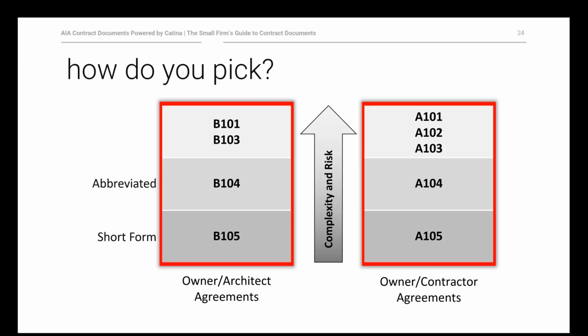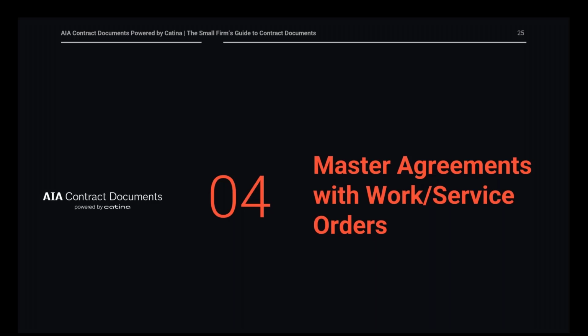You have to be comfortable dealing with the short form and the notion that not everything is spelled out in a B105 like it is in a B101 or B103. So each person's going to have their different tolerances for complexity and risk, but overall, we think those are the elements that play into how to make a decision with these documents.